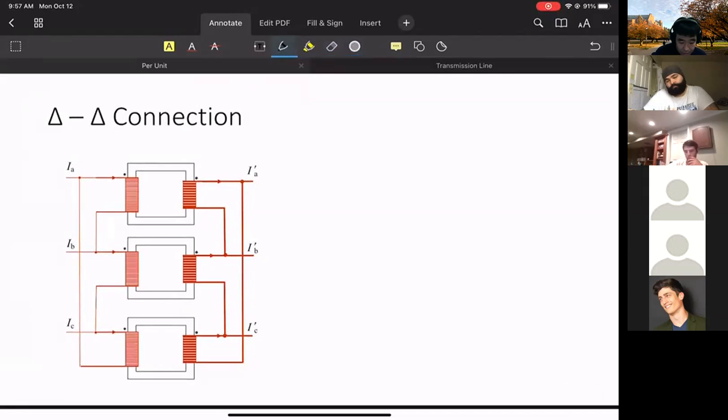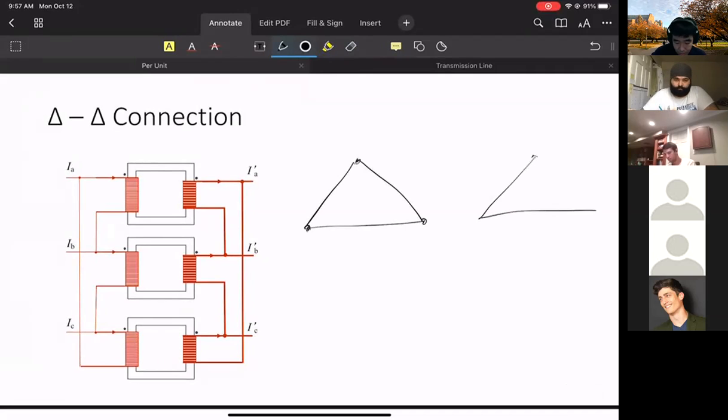Like this, where both sides are in a delta connection. So this is our delta delta connection. And for the delta delta connection, again, the primary and secondary are in phase.